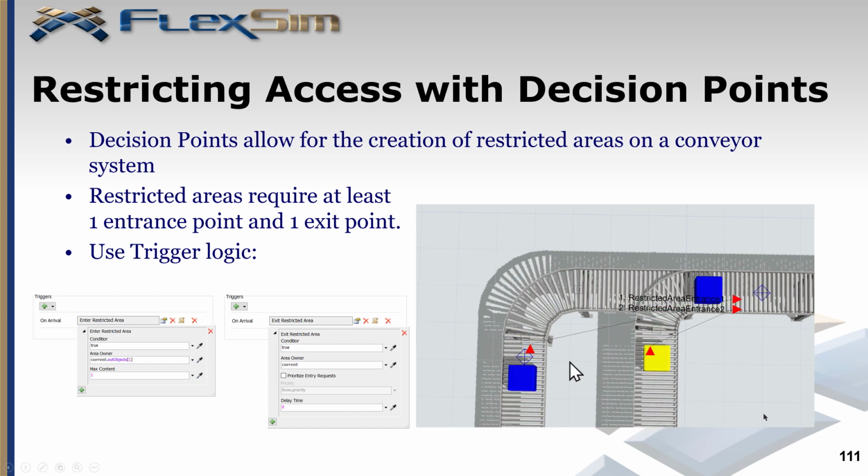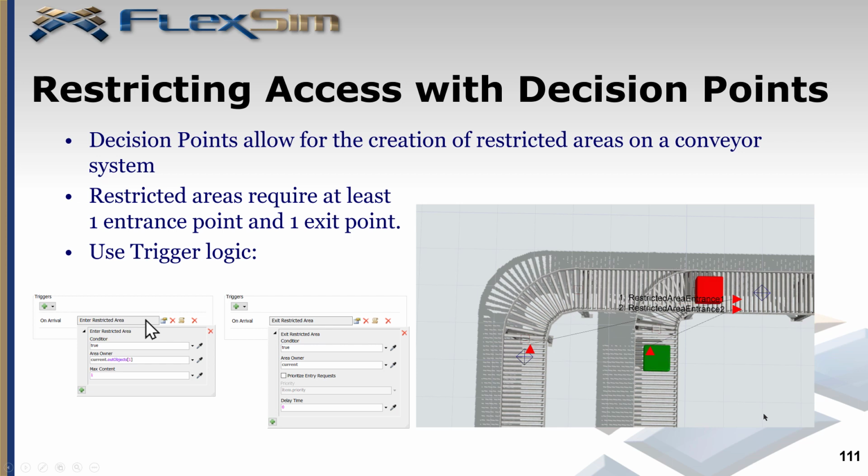So we can use decision points on these feeding conveyors that use a pick list option called Enter Restricted Area on their on-arrival trigger, as shown in this screenshot on the left here. Using this pick list option, the decision point will request access to the merging conveyor, which is our restricted area, for every arriving flow item.